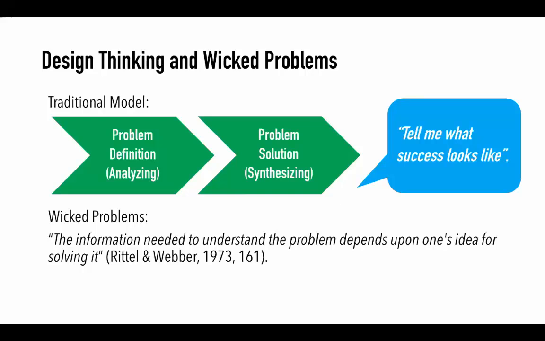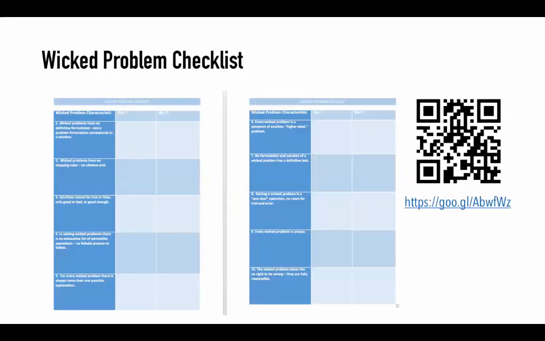So whenever you want to use design thinking, it's a good idea to make sure that you're actually looking at a wicked problem. So if you want to use this creative, playful, sort of gamified approach to finding solutions and coming up with ideas, I've created a checklist.